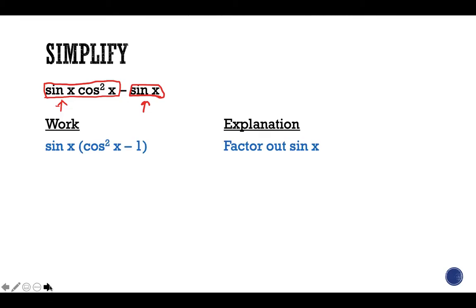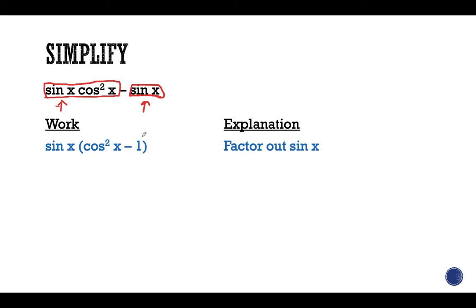So we're going to go ahead and factor out a sine of x, and that's what our next step is going to look like here in blue. So we've got sine of x times cosine squared x minus 1. Now, I hope when you look at what's left in parentheses, you say, hey, this kind of looks like a Pythagorean identity.